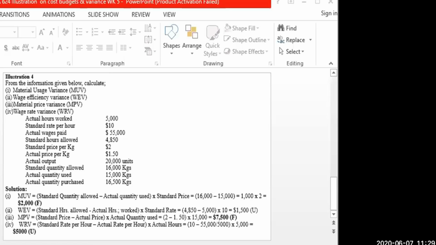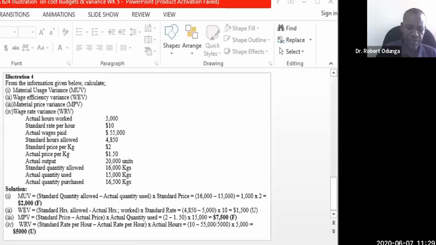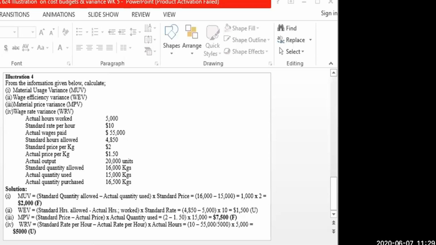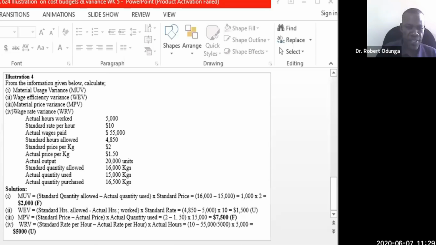Then material price variance is given as standard price minus actual price, times actual quantity used.